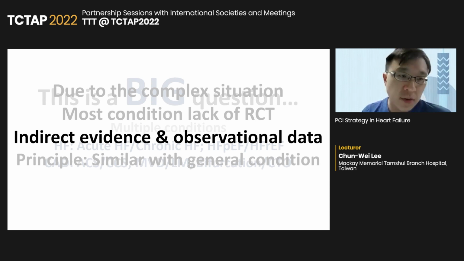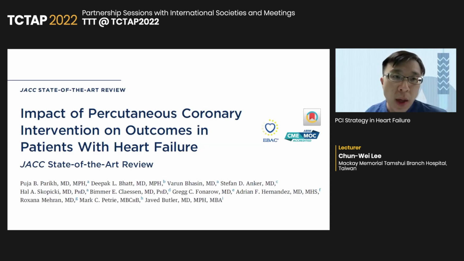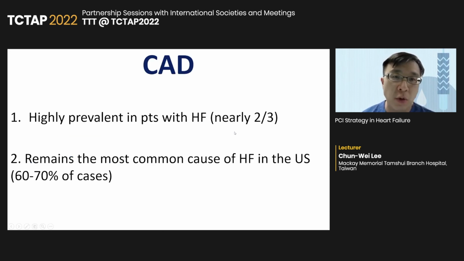But the general concept or principle is pretty much similar to the general CAD or PCI conditions. And last year the JACC journal had a JACC State-of-the-Art Review, which shares some latest evidence and concepts of PCI in patients with heart failure.